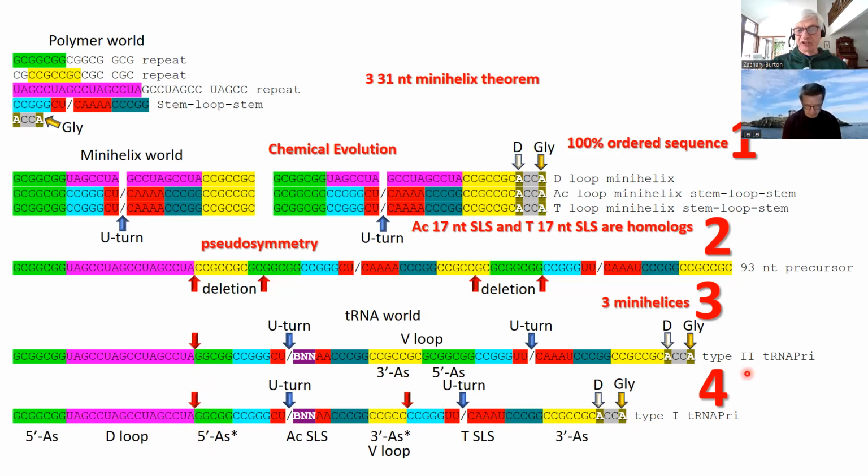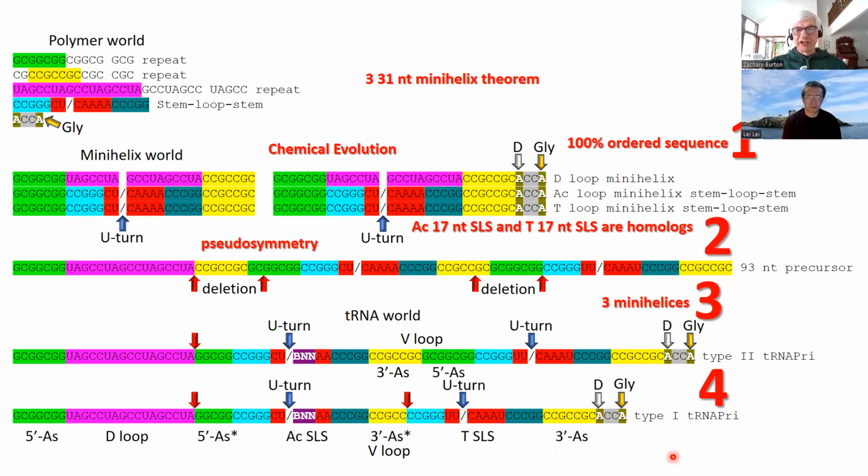It's the same in type 2 and type 1 tRNAs. And no processing in type 2 tRNAs. So this is a 3' acceptor stem ligated to a 5' acceptor stem. And if you delete those 9 nucleotides there, you end up with CCG, CC, CCG, CC, part of a CGC repeat.